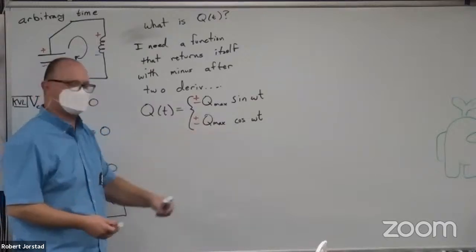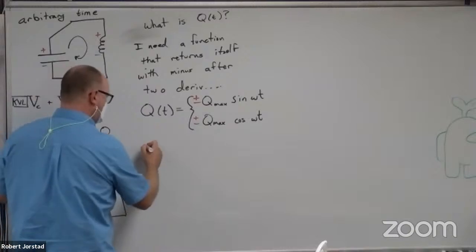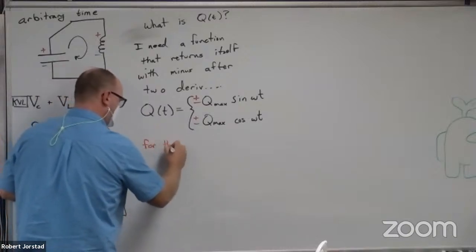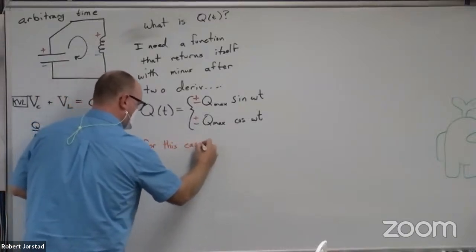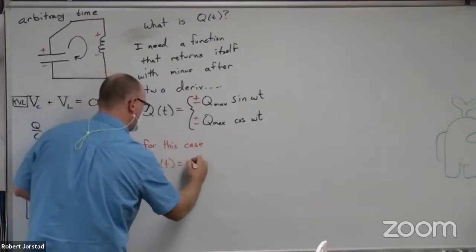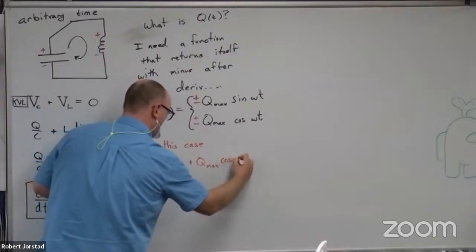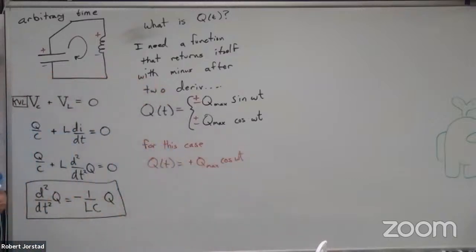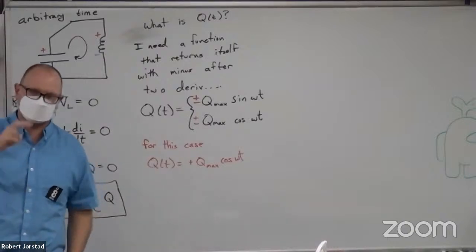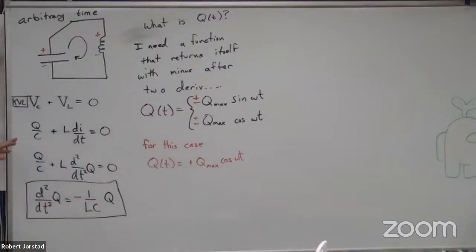I would choose plus, because I don't have to think as much. It just depends on which way you measure the charge. It doesn't really matter. So that's my claim.